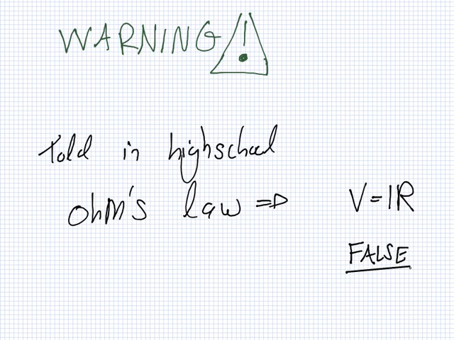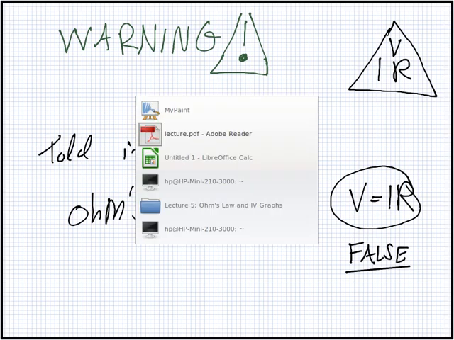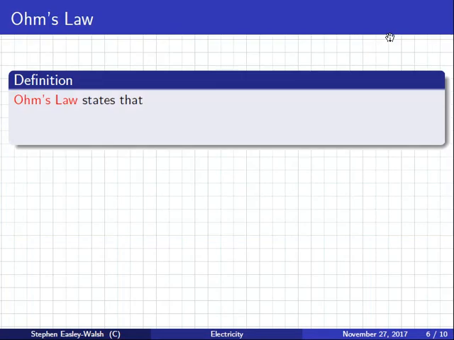This is not actually Ohm's law at all, because there's nothing special here. This just comes from the triangle. So that's my warning. Even some teachers would not know that this is not Ohm's law.